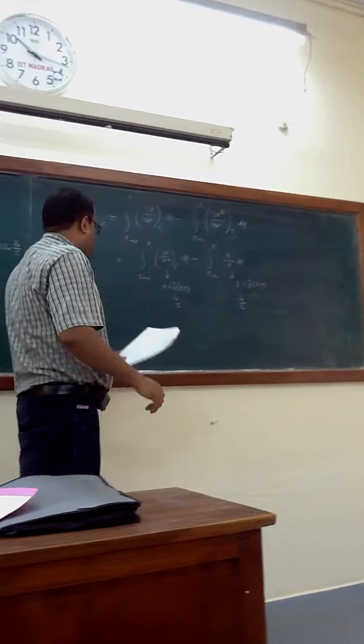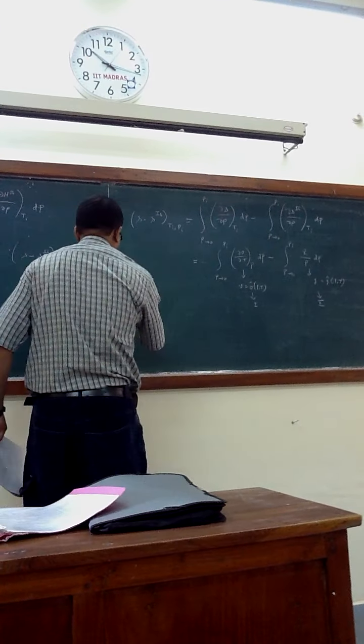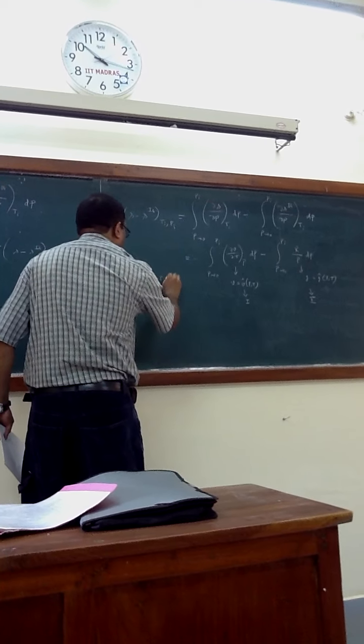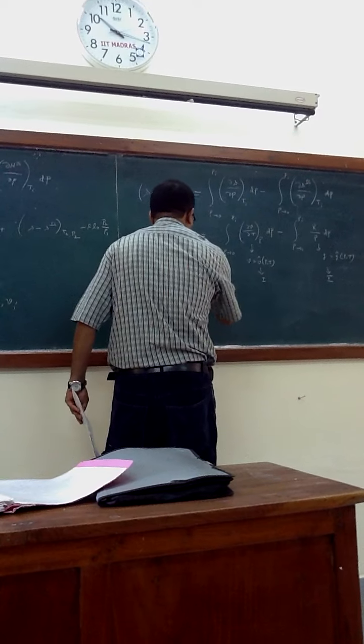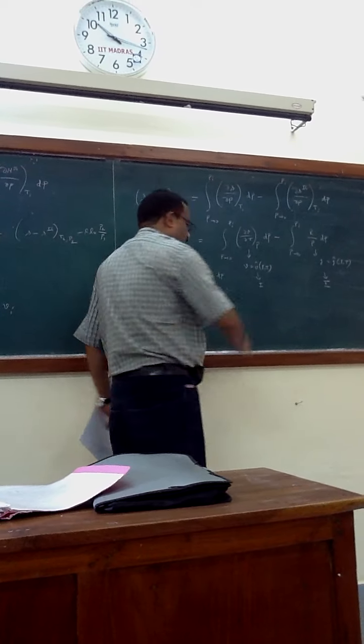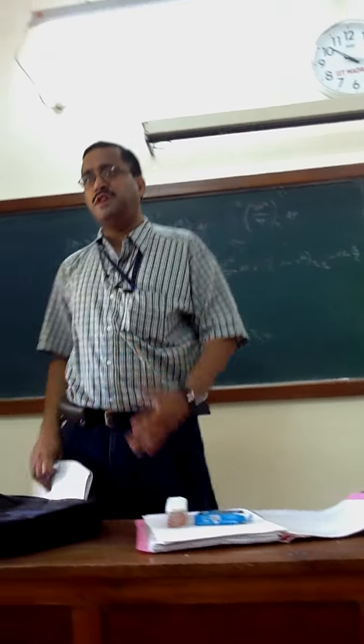By now you have some idea how to evaluate. The first integral is minus integral from p tending to 0 to pi of dou v by dou t at fixed p dp. And I cannot evaluate this unless I convert to the v plane.